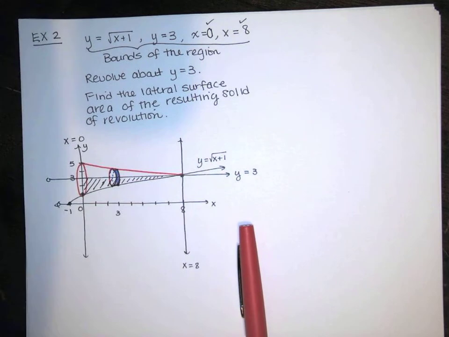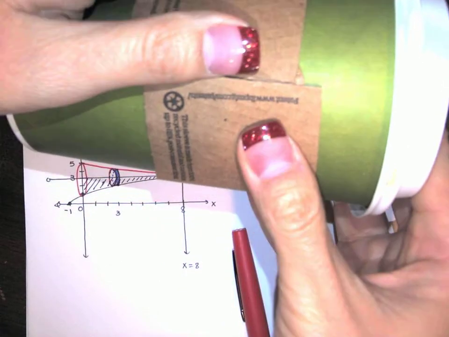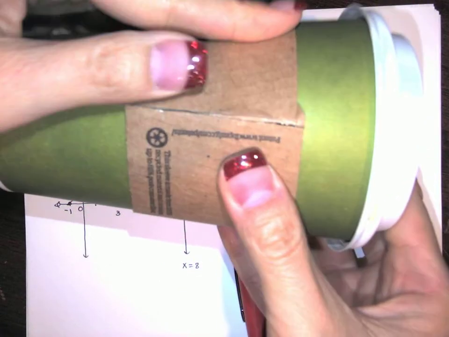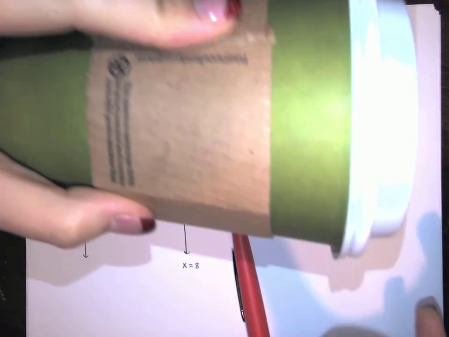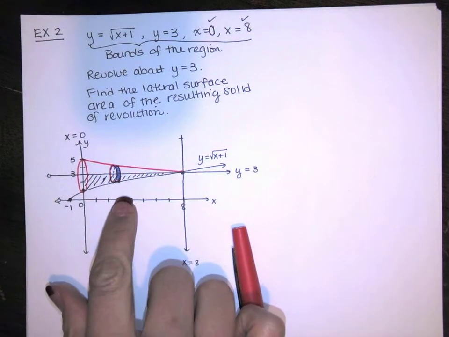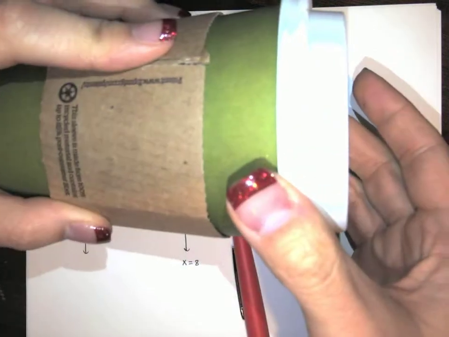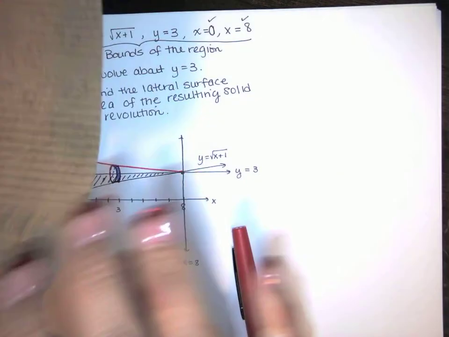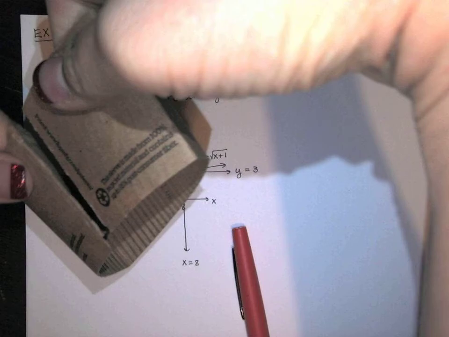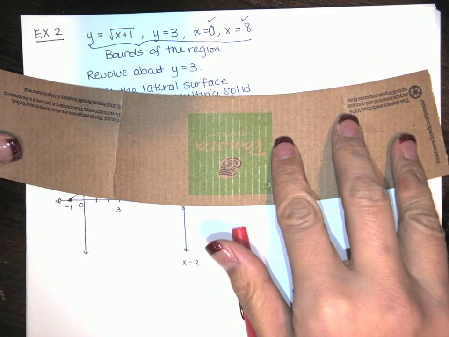If you've got this as your solid of revolution, go all the way up until it fits. We're just taking a strip of paper and we're revolving it around the solid of revolution. And we're saying the lateral surface area of this solid of revolution, which doesn't include this end cap, comes from taking the surface area of little pieces like this, cutting them down one side, unfolding them, and then finding the area of something that looks like this.